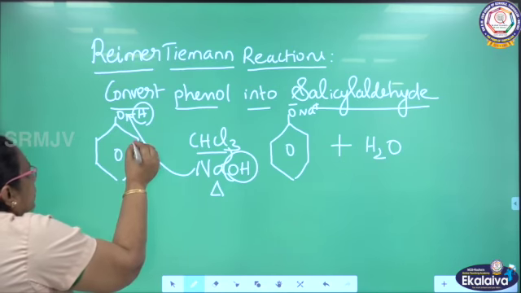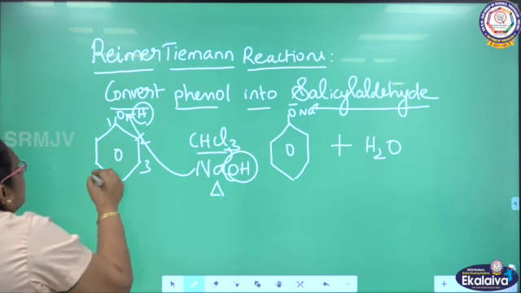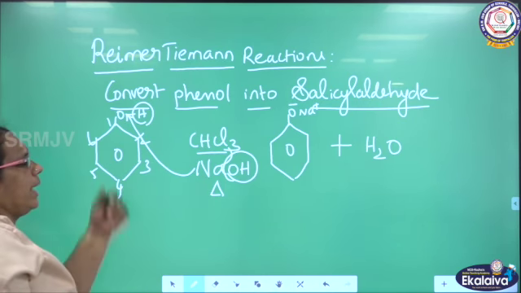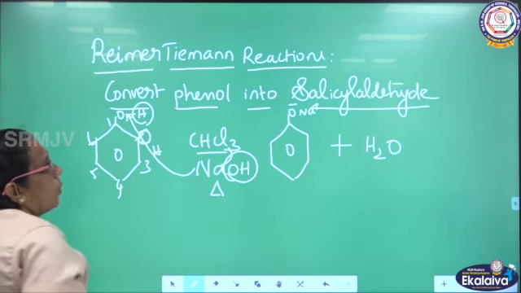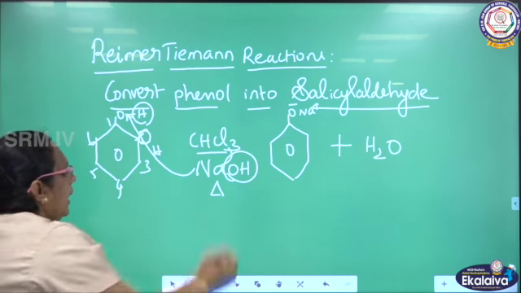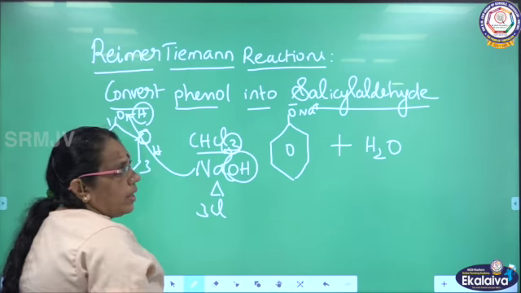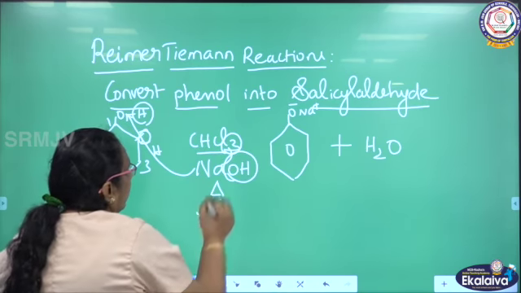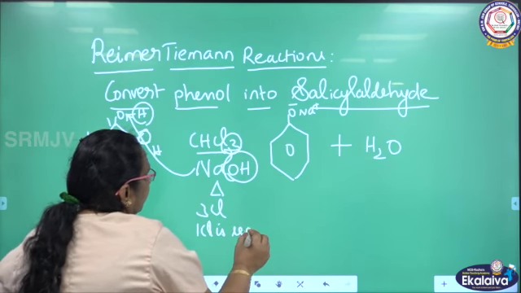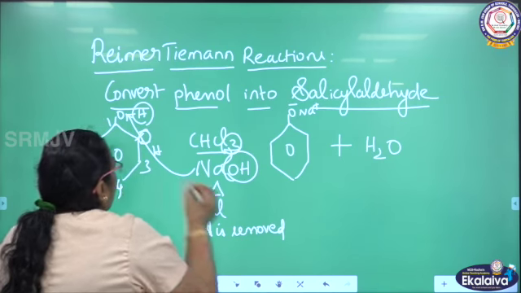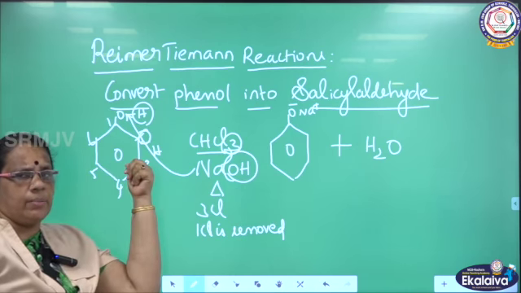Okay. What is the other change? See this position. This is the second carbon, third, fourth, fifth, sixth carbon. In the second carbon, I am going to remove one hydrogen. Here, there are 3 chlorine atoms, is it not? I am removing one chlorine from here. Out of 3 chlorine, 1 chlorine is removed. From the second carbon, one hydrogen is removed.